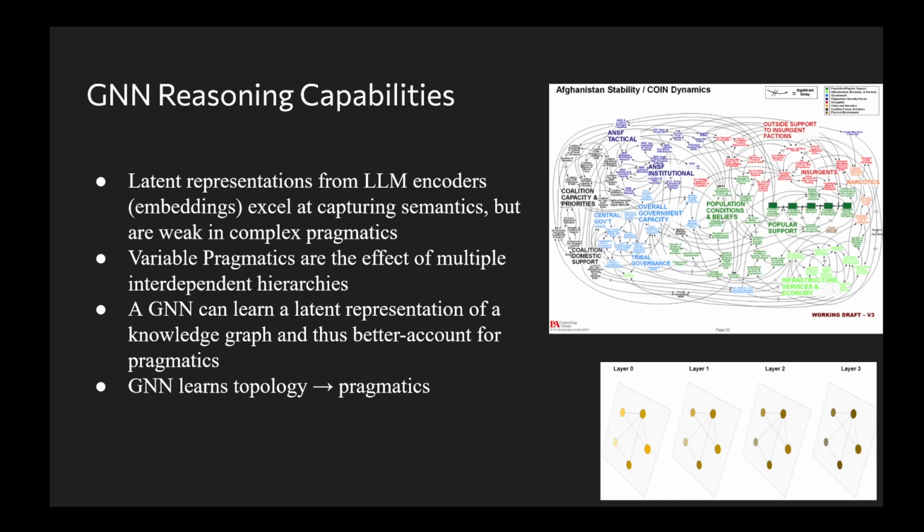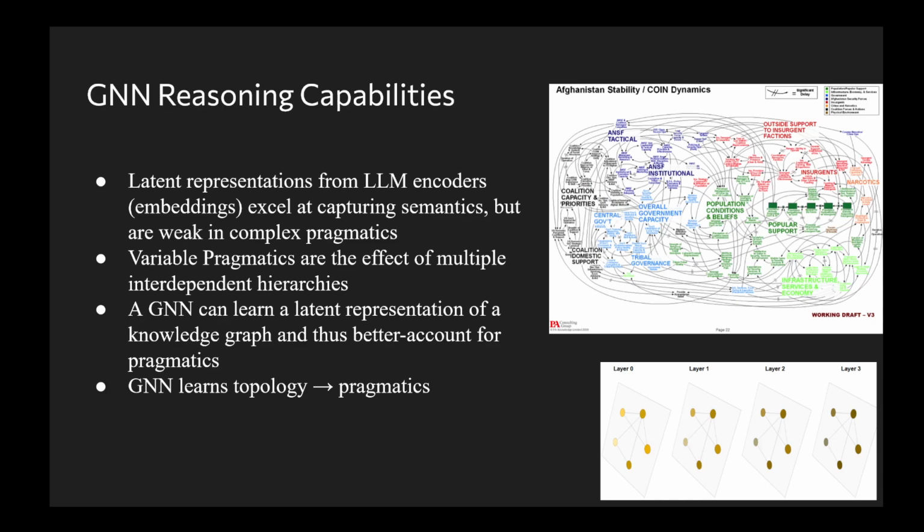Those complex dependencies of, let's say, a dynamical system, they're not going to capture that. For example, look at this Afghanistan stability dynamical system on the right. An LLM is not really going to capture that entire thing. Well, it might, but let's say it was a little bit bigger, and it probably wouldn't.